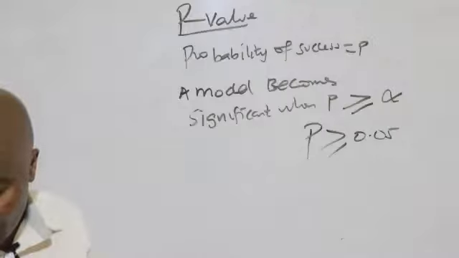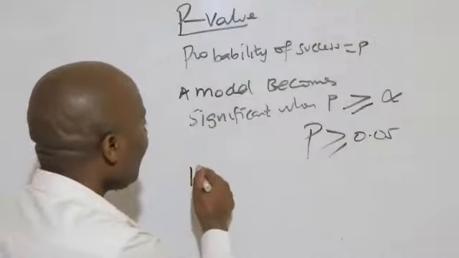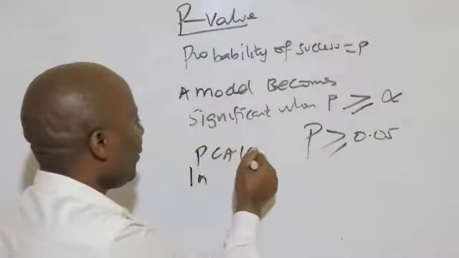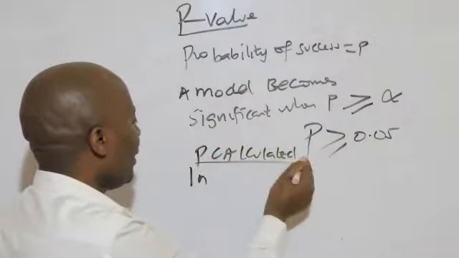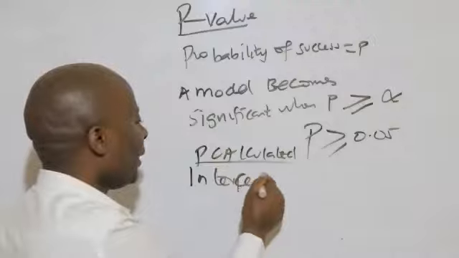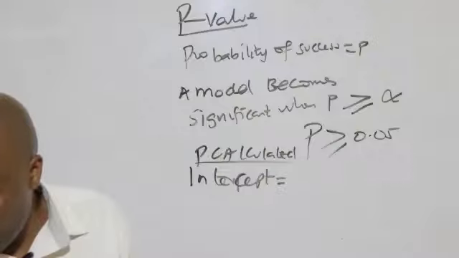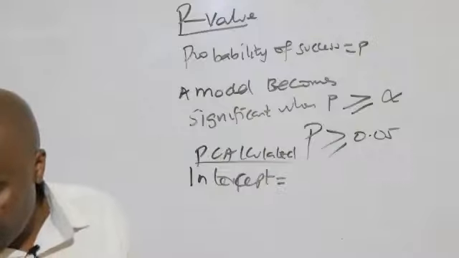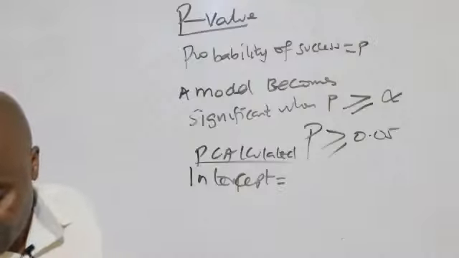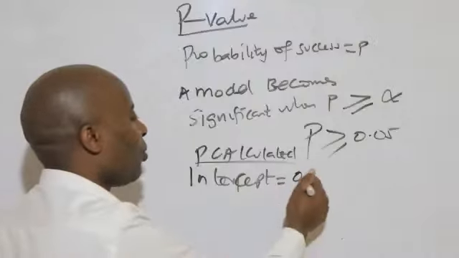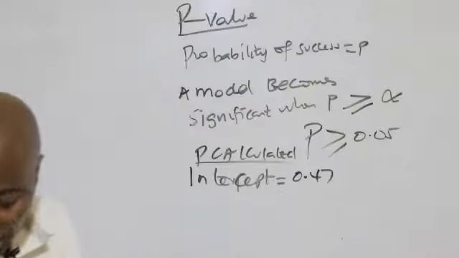You can see like the intercept. You can see the P calculated given here, like the intercept. What do we have here for the intercept? I can see straight away the P value is 0.47. Ladies and gentlemen, we go to the next one.